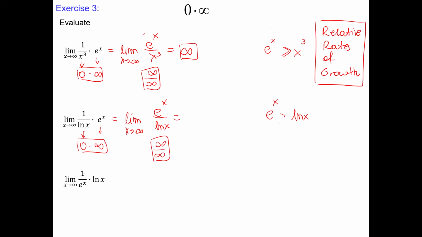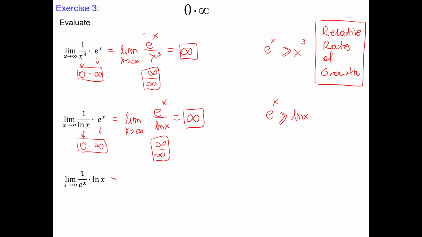But we know again, natural log grows much slower than e to the x. That means e to the x is winning. That means again it is infinity. I wanted the other way, but it's okay. It's infinity.